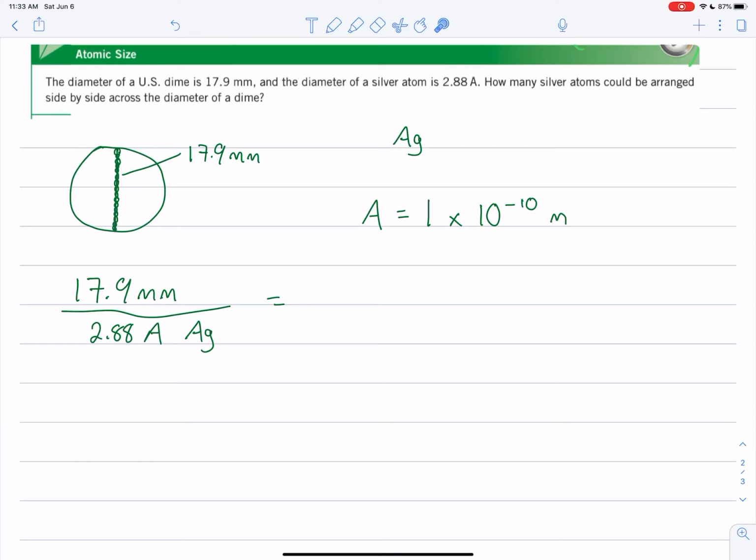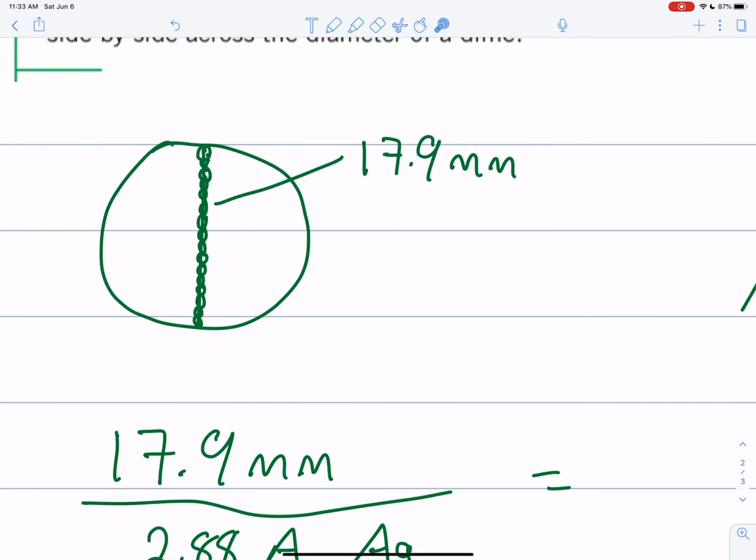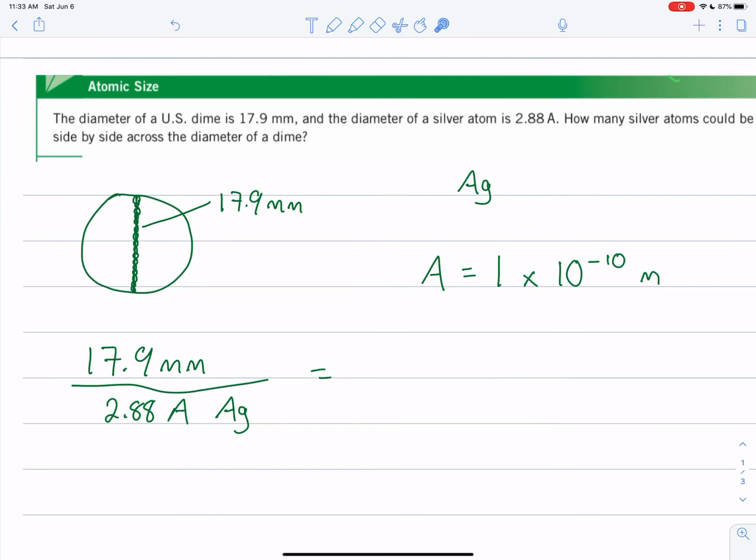All right. So I drew a picture of our dime, and you can envision we're putting silver atoms, these really small things, across the diameter. Remember, a diameter is basically the length across a circle, in this case a dime, and that is our 17.9, okay?